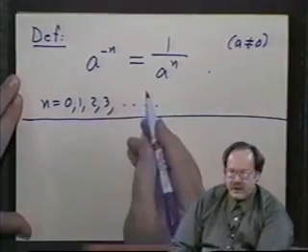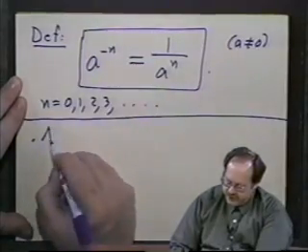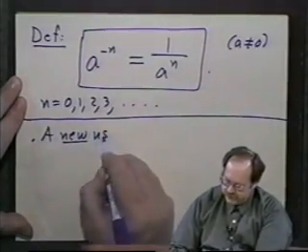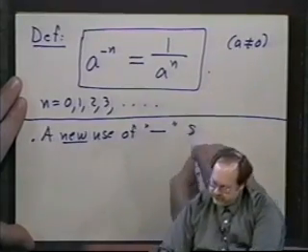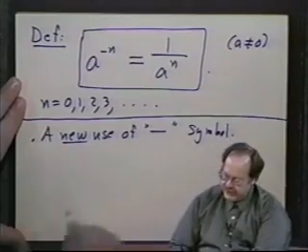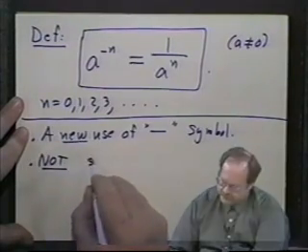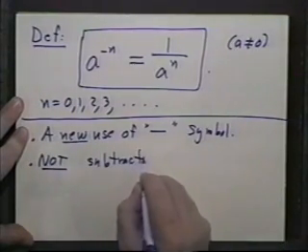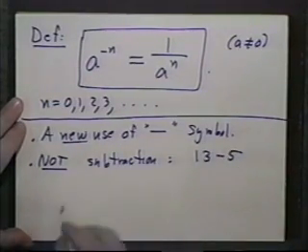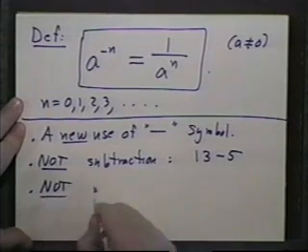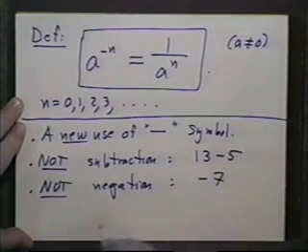So let me say something about what we've just done here. This definition, first of all, is a new use of the minus symbol. That symbol is now used in a different way. It is not subtraction, which is exemplified perhaps by 13 minus 5. It is also not negation, as in, say, minus 7.